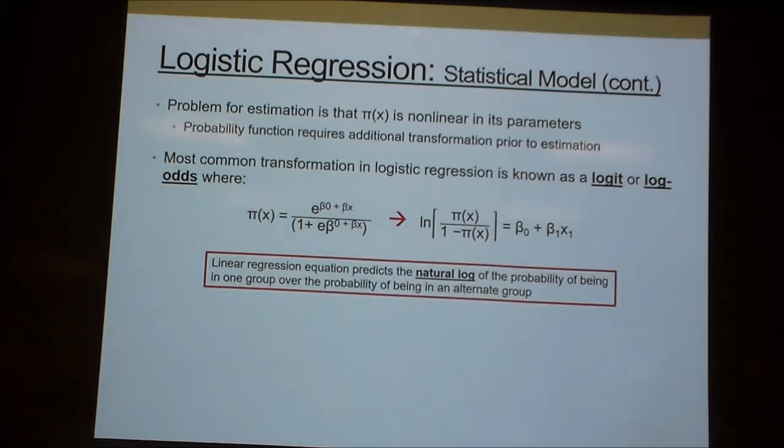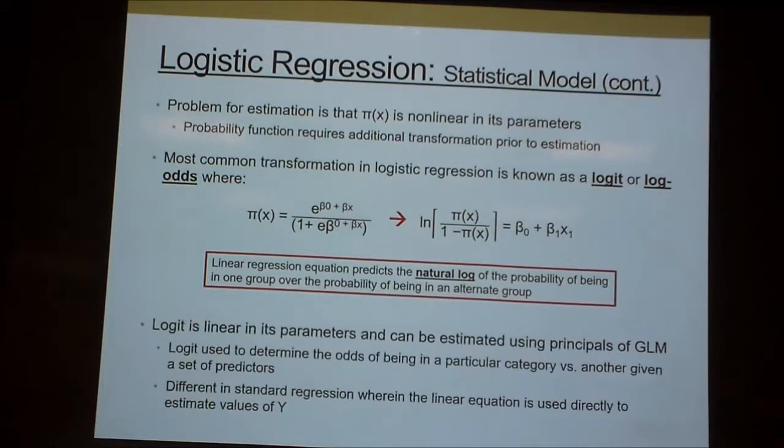And what ends up happening is we can use this logit or log odds and predict that with our general linear model, okay? So here you can see the linear regression equation on this end, predicting the natural log of the probability of being in one group versus the probability of being in a different group, okay? So we've got a log odds going on here.